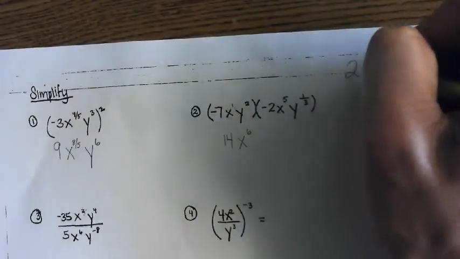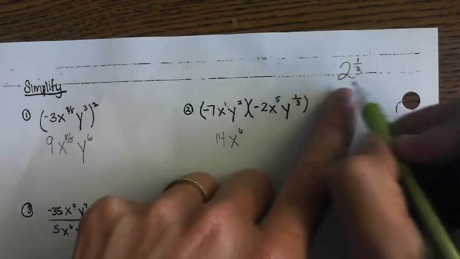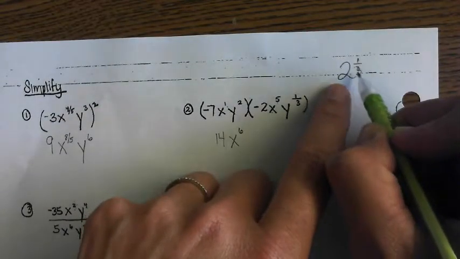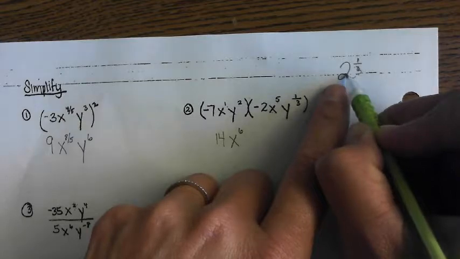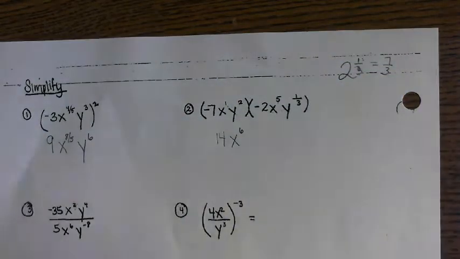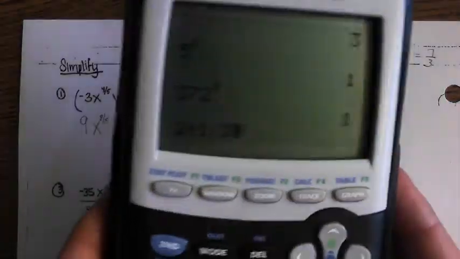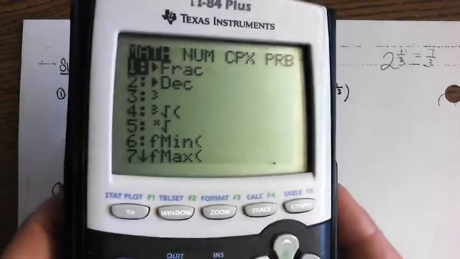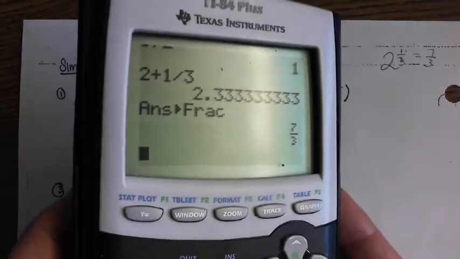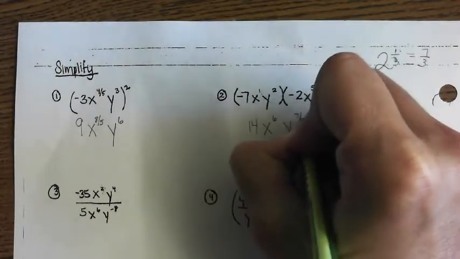So let's think back to elementary school or middle school, I guess. 2 1/3. If you manually change that to a mixed fraction, do you remember doing 3 times 2 is 6, plus that 1 is 7/3? Okay? Or on your calculator, you could just do 2 plus 1/3, get a crazy decimal, and then hit math fraction and get your 7/3 that way. So y to the 7/3.